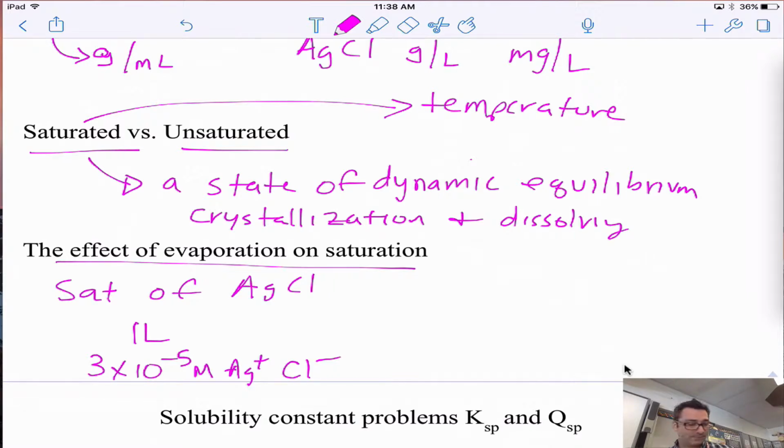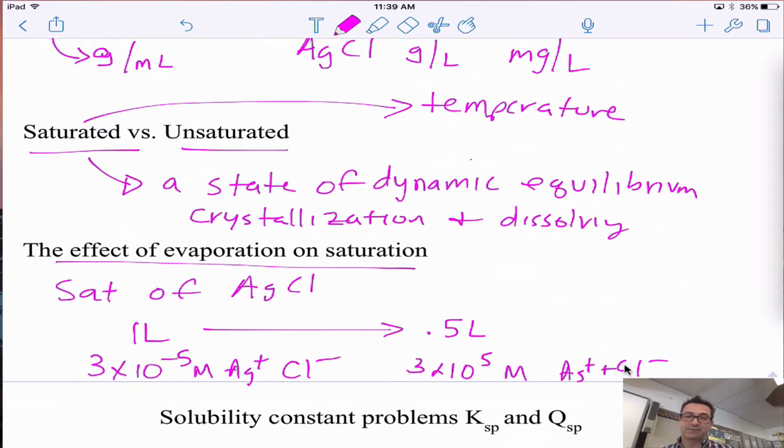Now if I evaporate this and make it 0.5 liters, the molarity is still the same. It's still 3 times 10 to the negative 5 molar Ag plus and Cl minus. Has the amount that's dissolved changed? The moles have changed, and we could calculate the moles in each of these, and you'd see that the moles do change, but the molarity, the concentration, the moles per liter, does not change.